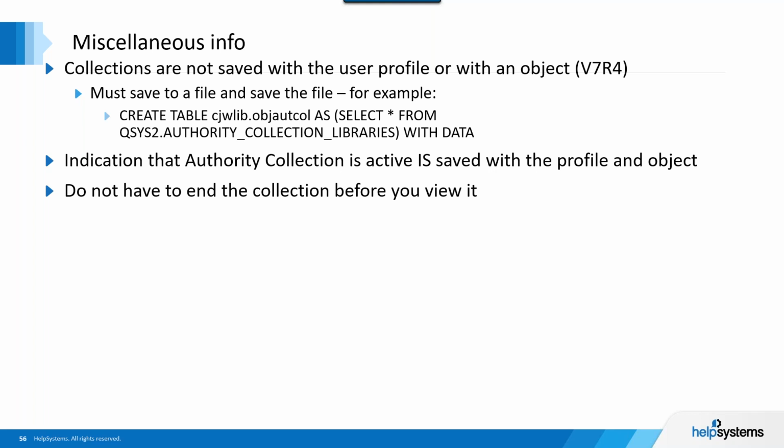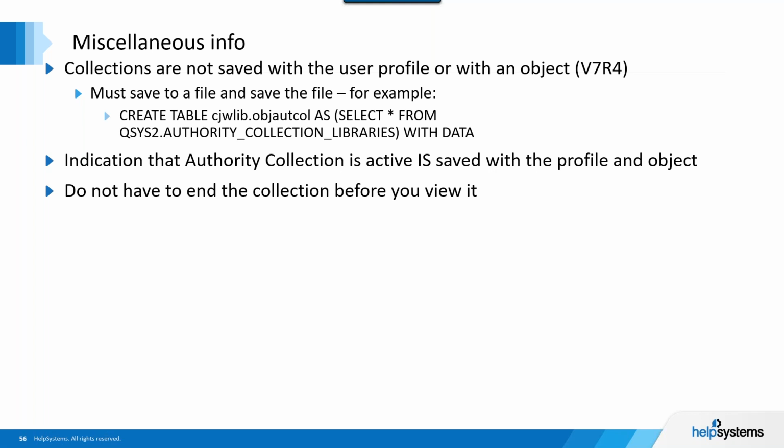So if you need to keep that information, you'll need to pull it out of the appropriate authority collection view, create a separate file with that information, and save that off separately. This is a good thing to do anyway.